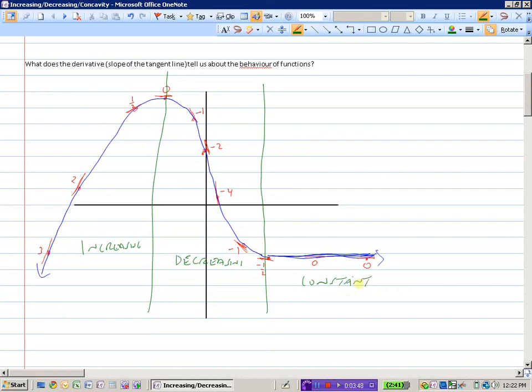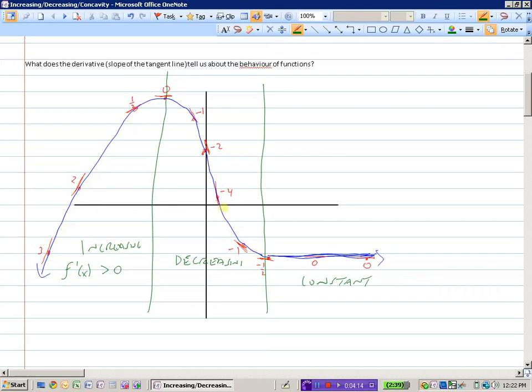Well, look at the slopes. If you look at the slopes of the tangent lines for all of these places where the graph is increasing, what do we notice? We notice that they are all positive. So if a function is increasing, then the slope of the tangent line, or f prime of x, has to be positive, greater than 0. These slopes are all positive.